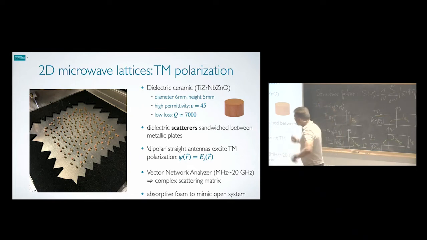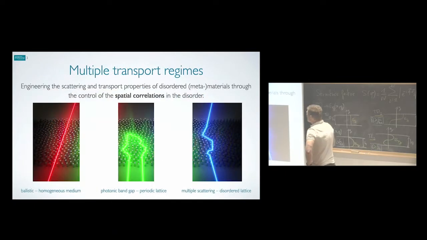One of the main interests of this experiment is that we have a perfect control, as I told you, of the disorder. So two years ago we were interested in the ambition to control the transport property just by playing with the spatial correlation of the disorder.